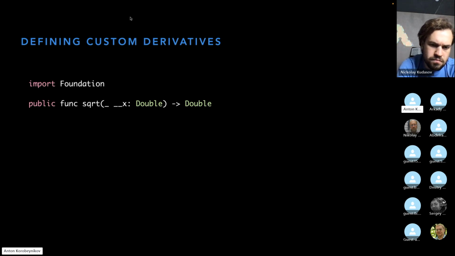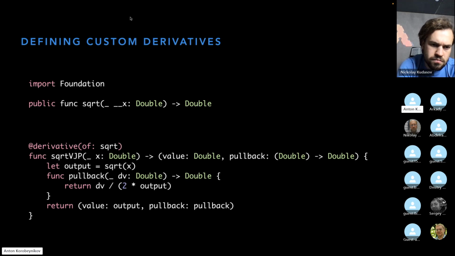So let's start defining the custom derivative for the square root. The derivative takes the arguments of the original function and returns a tuple. The first element is the result of the original function, and the second element is the linear map representing a transpose of the linear approximation of the original function for the given argument.